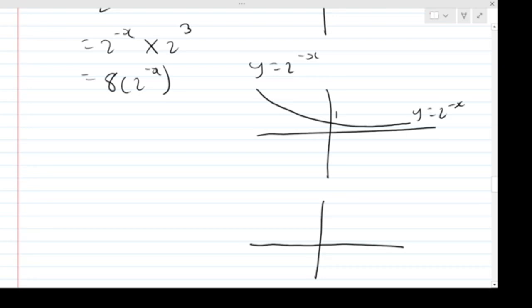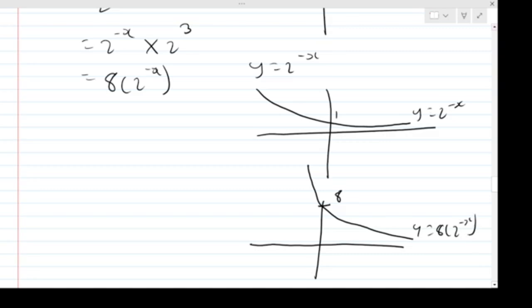So the y values are basically going to times by 8. So for example, where it crosses 1 here would then cross at 8, effectively like that. And then effectively the graph is going to be a lot steeper because the values are bigger. So it's going to look something like this. And that would be y is 8 lots of 2 to the minus x. Okay, and that's it. That's what the graph will look like.